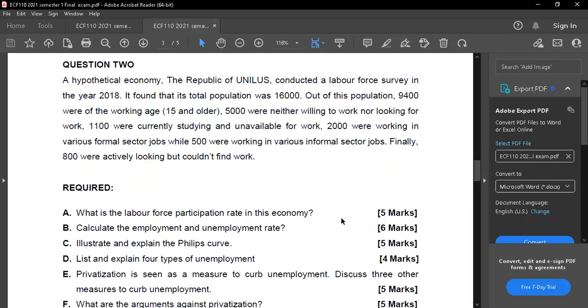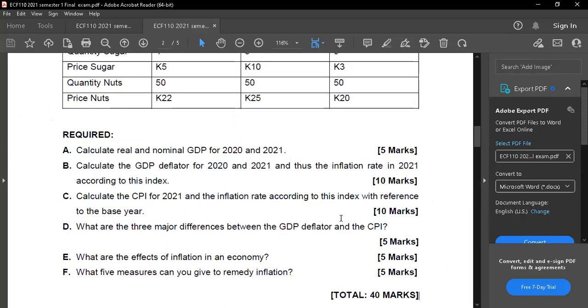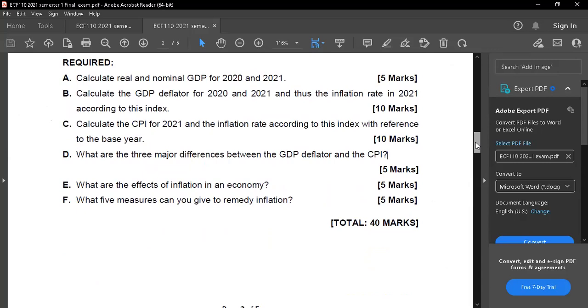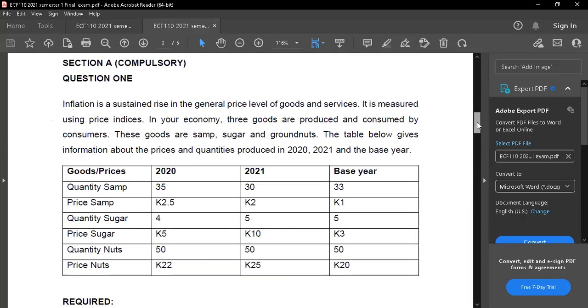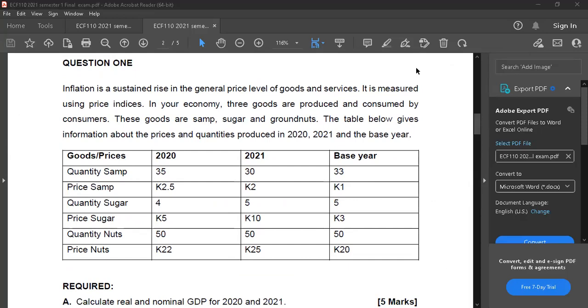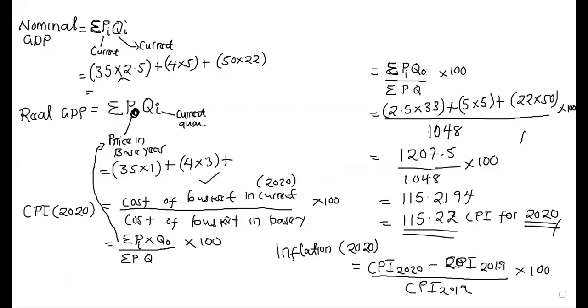Just bring the table a bit down because I can't see. Now take it to your answer. Okay, thank you. All right.